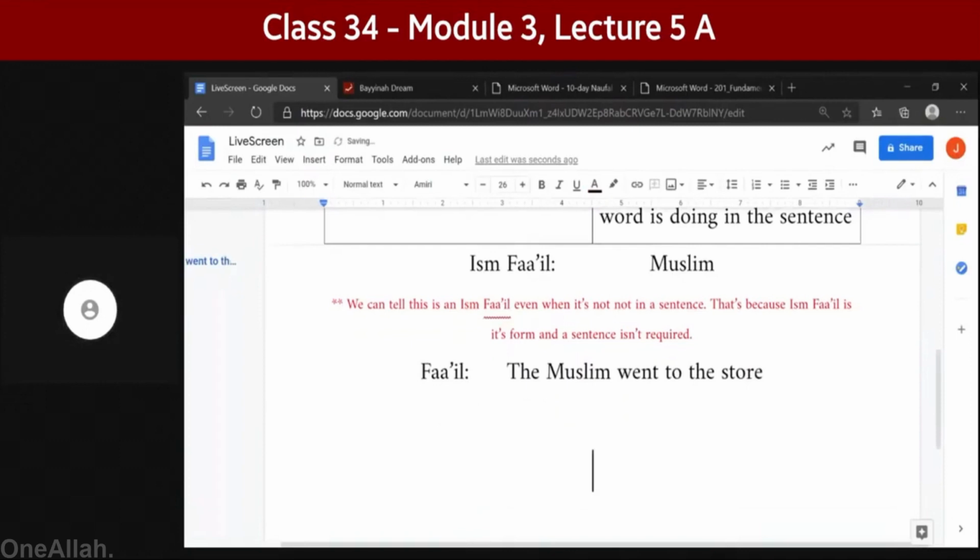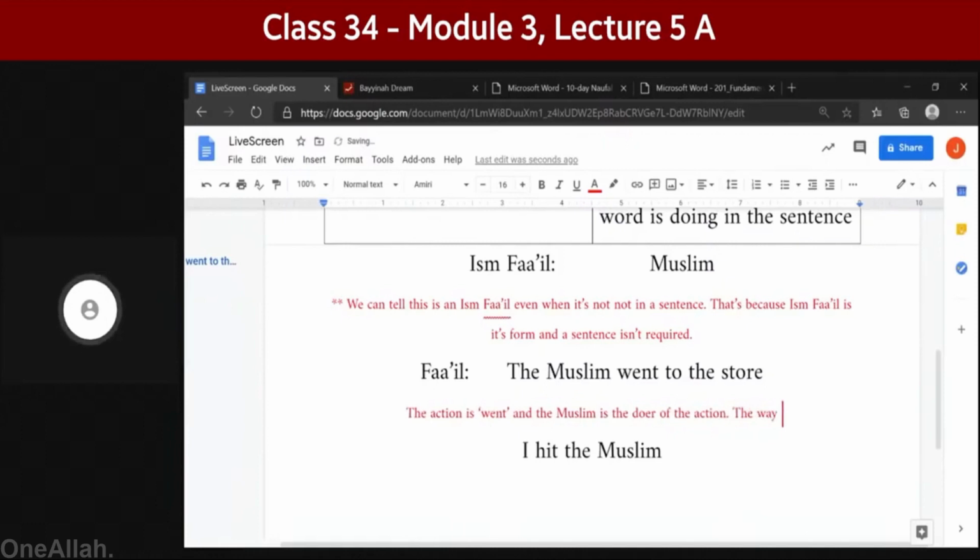And then the second one was, in this one, the action is went, and the Muslim is the doer of the action.